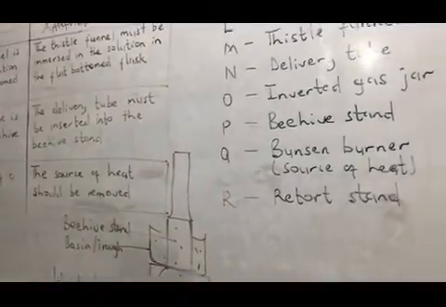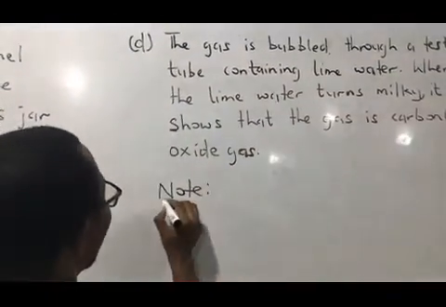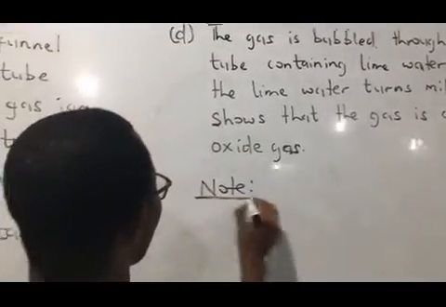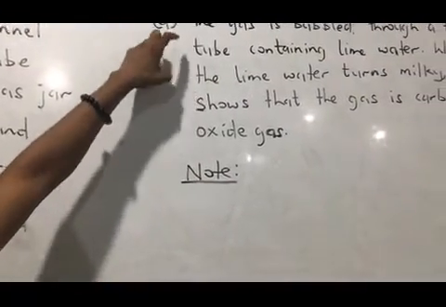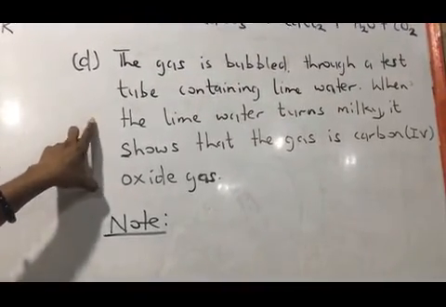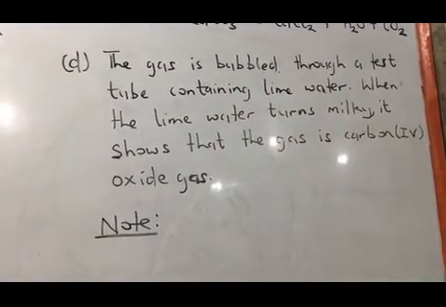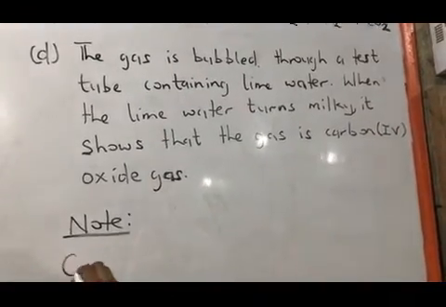Let me put this here. Just like the previous question, where you were asked to give an equation for the chemical test for ammonia gas, you can also be asked to write the equation for what is happening here. So the equation for the test for carbon dioxide gas. The lime water you are seeing there is calcium hydroxide.